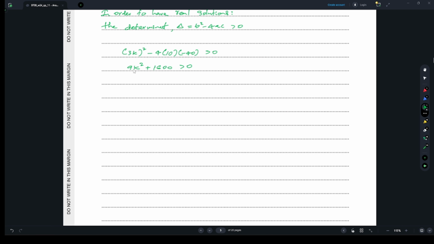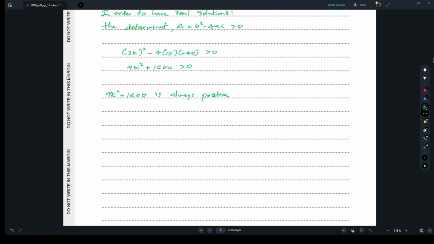Then we add another positive number, 1600, so it is also positive. So 9k squared plus 1600 is always positive regardless of the value of k.